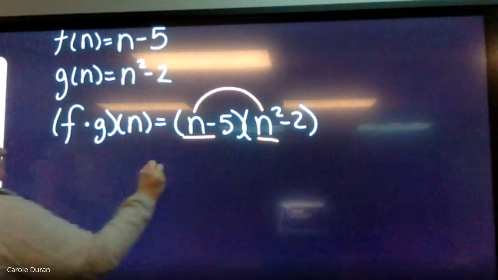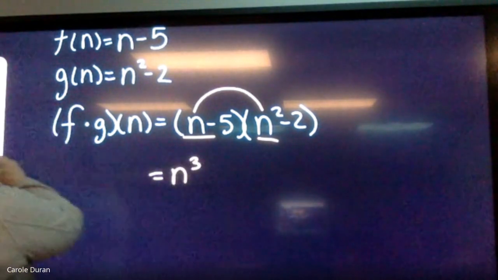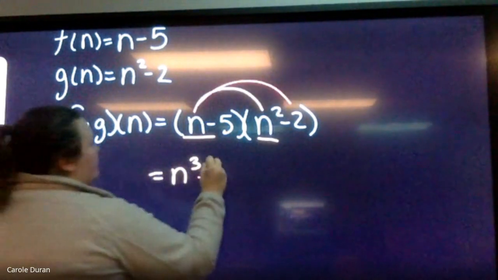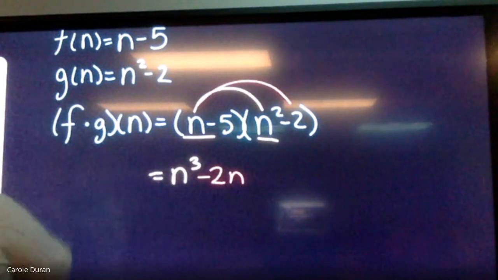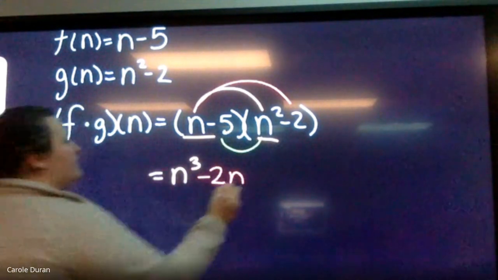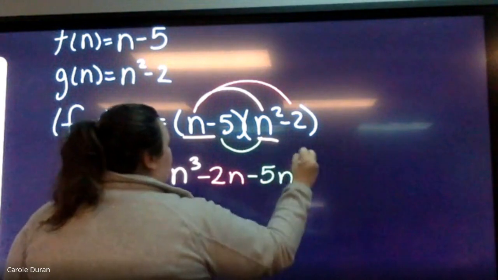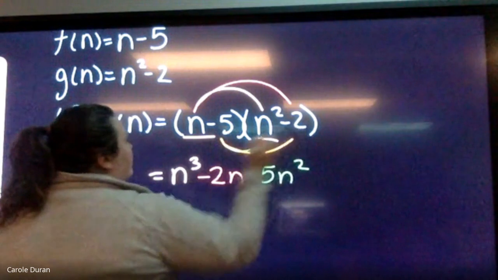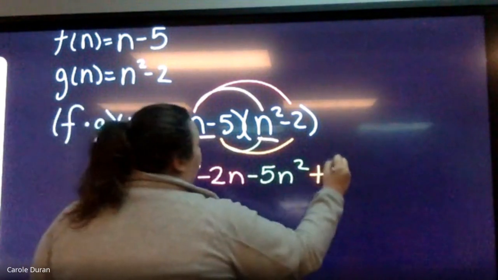N cubed. Then I do n times a negative 2, and that's a negative 2n. Then we have negative 5 times n squared, which is a negative 5n squared. And then negative 5 times a negative 2 is a positive 10.